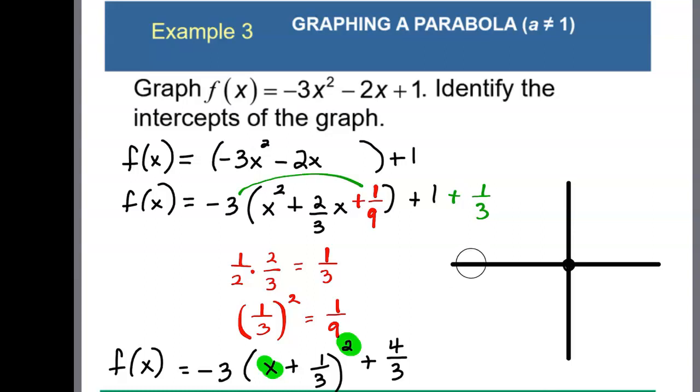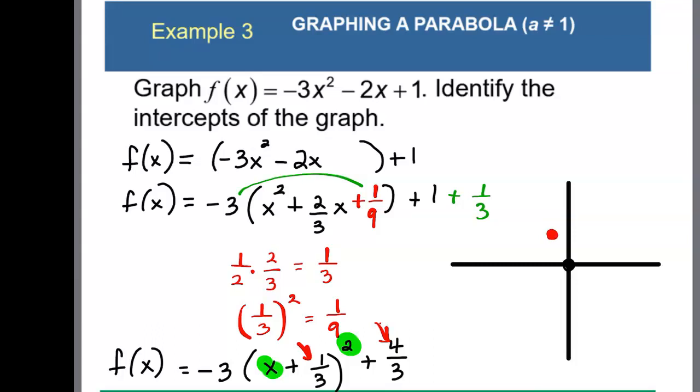But here we are shifting to the left 1/3, and then up 4/3. So we're going left 1/3 and up 4/3. So that's going to be my vertex.